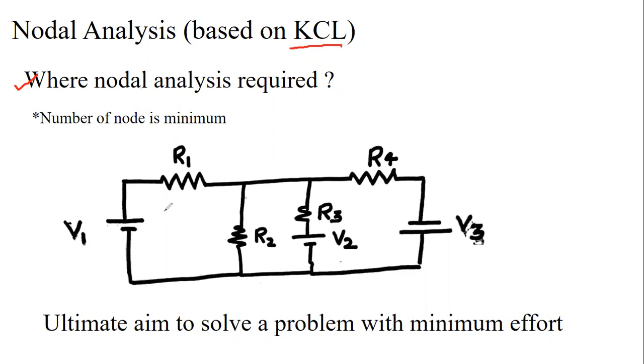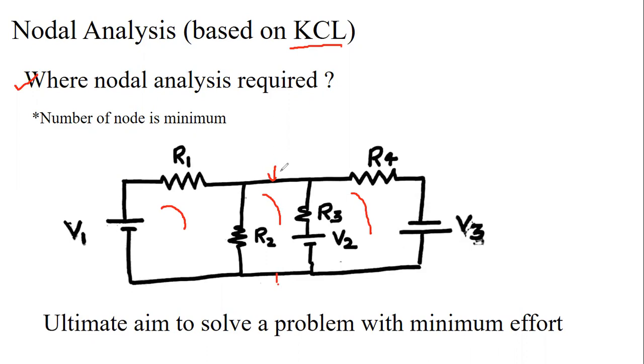See this figure. If we solve this with mesh analysis, the circuit has three meshes, 1, 2, and this is the 3. So 3 equations are required to solve the problem. If we solve this by nodal analysis, the minimum nodes are 2, one is this node and one is this node. So one is ground.